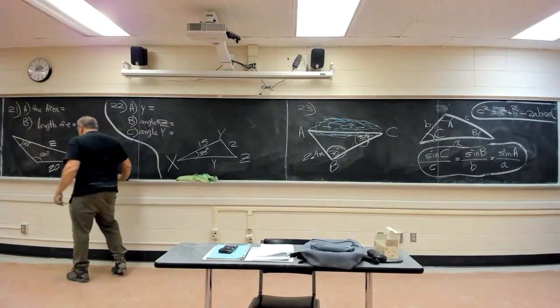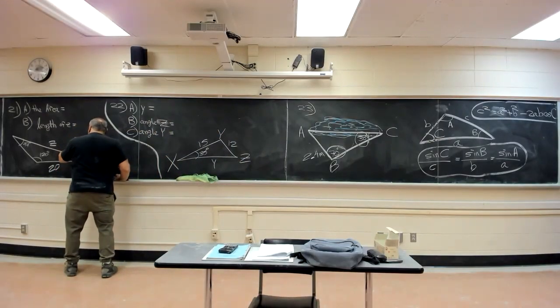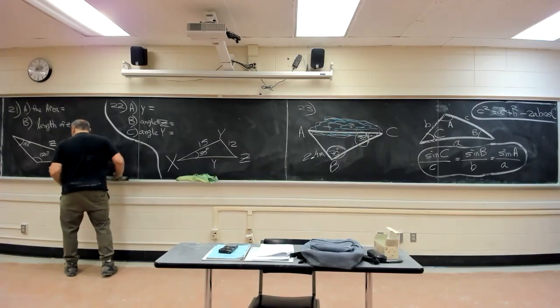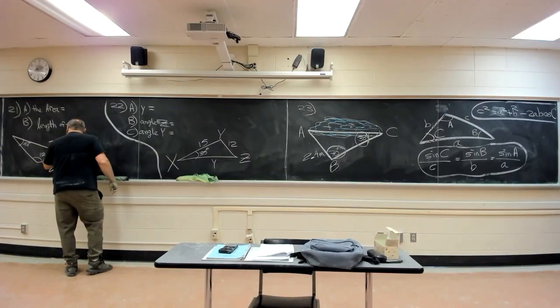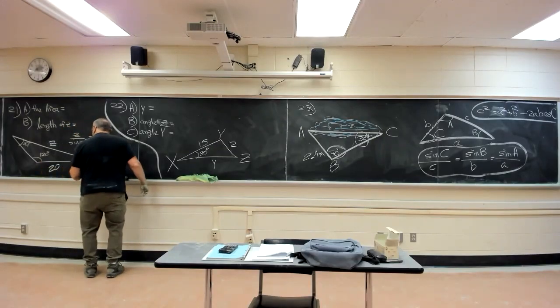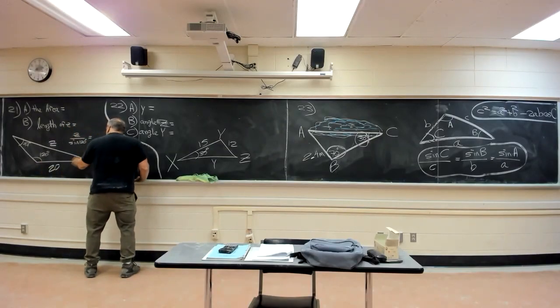You might want to look at this: z over the sine of 120 degrees is equal to 20 over the sine of 47 degrees.